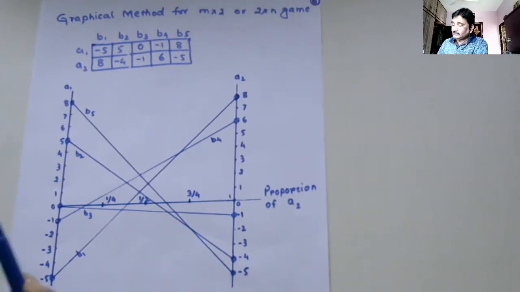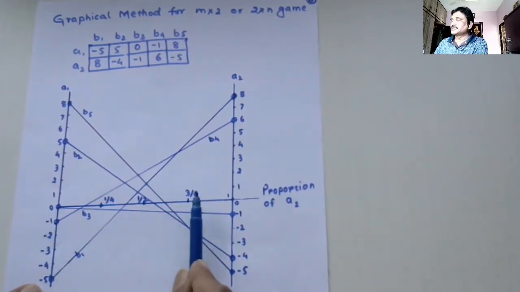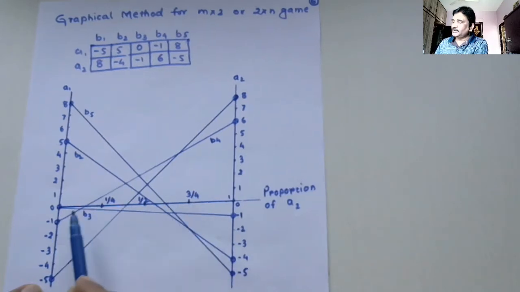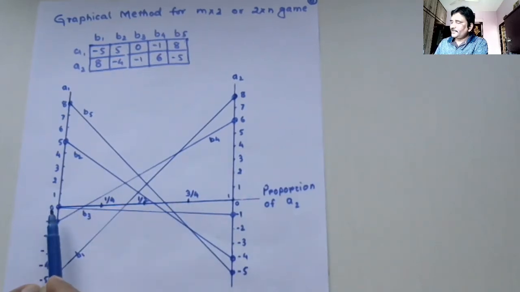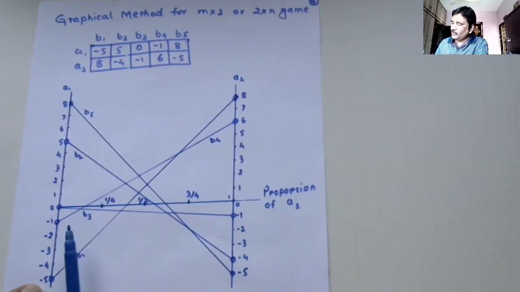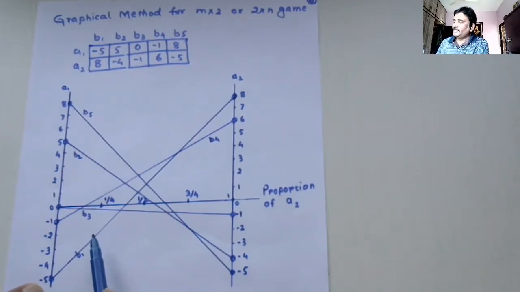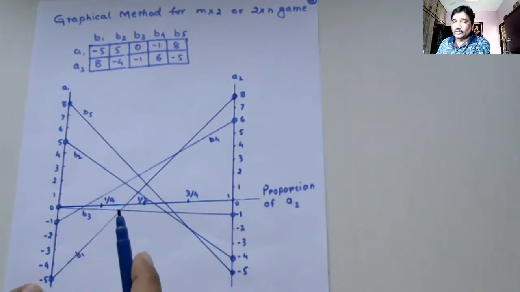Now, player A has the control of changing the proportion of course of action A2. So player A goes on changing the proportion of course of action A2. It increases, and player B still continues to play B1, because in playing B1 only, player B finds that there is lesser loss as compared to playing any other course of action.